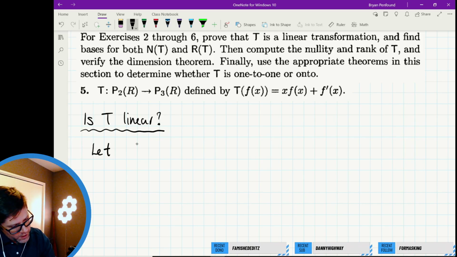So let's take a function. I don't really want to use f of x, but let's take a polynomial inside of P2(R).